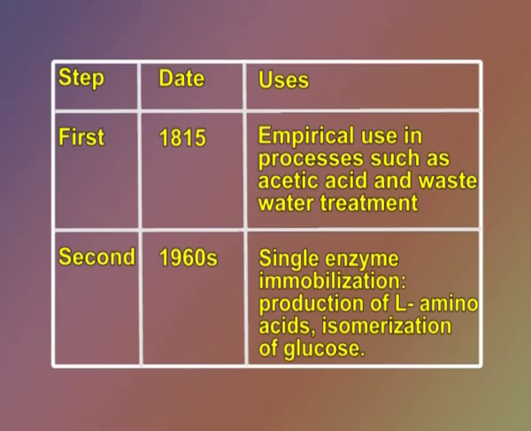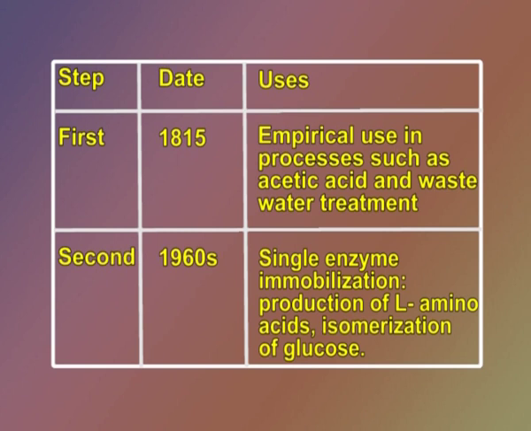Now, table 1 shows steps in the development of immobilized enzymes. Step first, date is 1815. Empirical use in processes such as acetic acid and wastewater treatment. Step second occurred in 1960s.